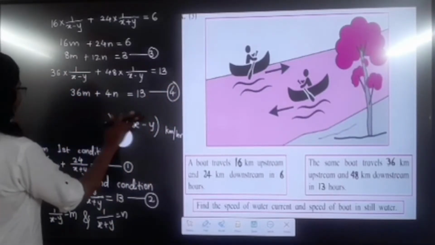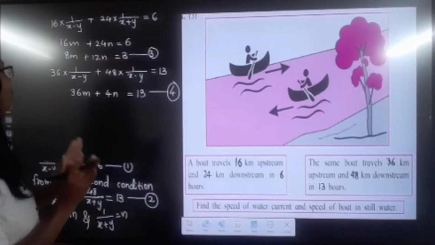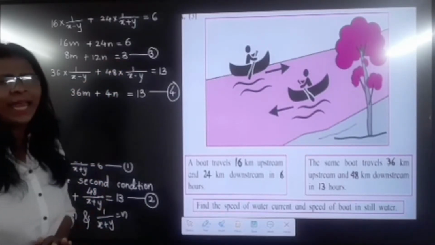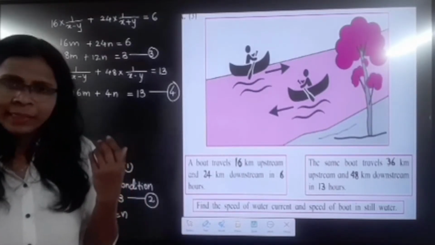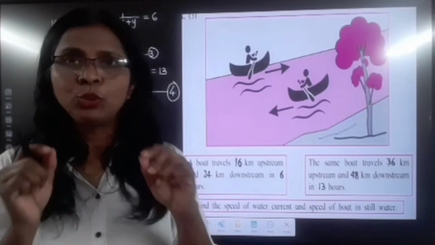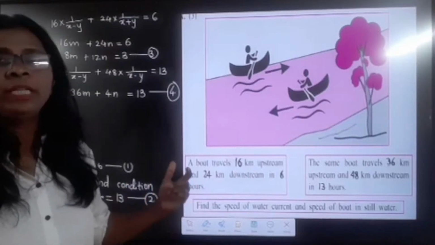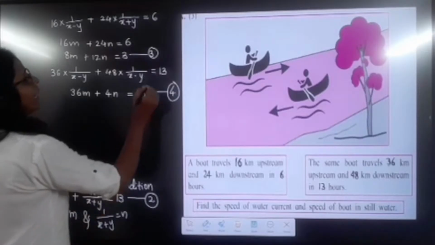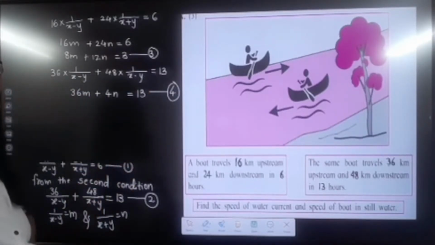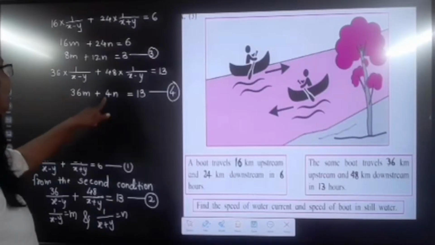Now, students, we have the two equations, and we have to solve them by any method that you like. There is no requirement that you should solve this example with a specific method. You choose any method. I choose here multiplying the third equation by 3, students.